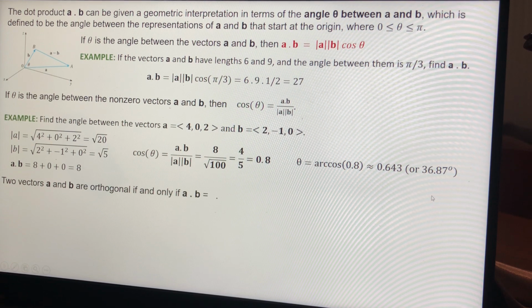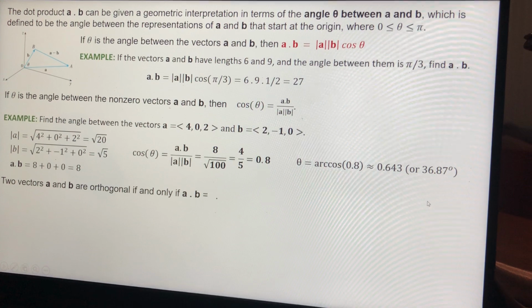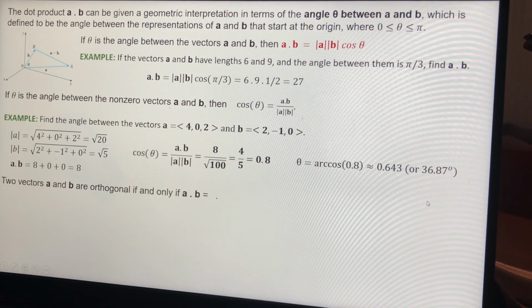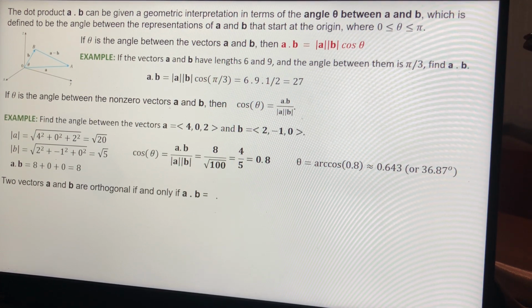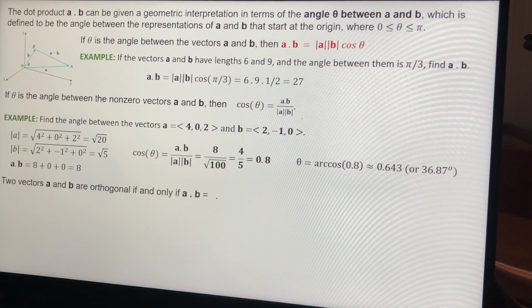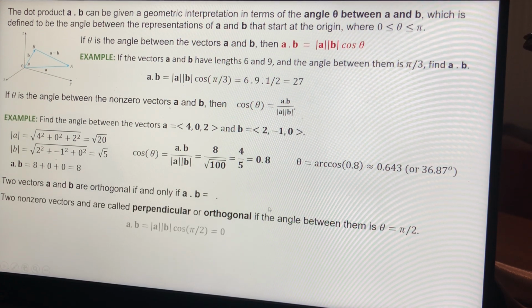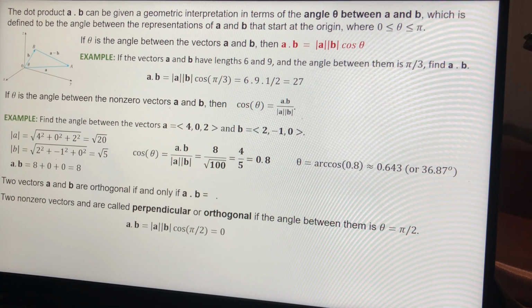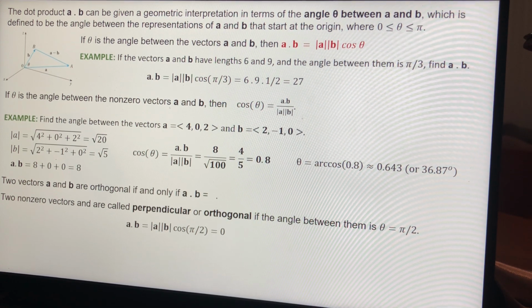If two vectors are orthogonal, what can you say about their dot product? If they are orthogonal, the angle between them is 90 degrees. And the cosine of 90 is what? 0. Then the dot product of two orthogonal vectors is going to be 0.